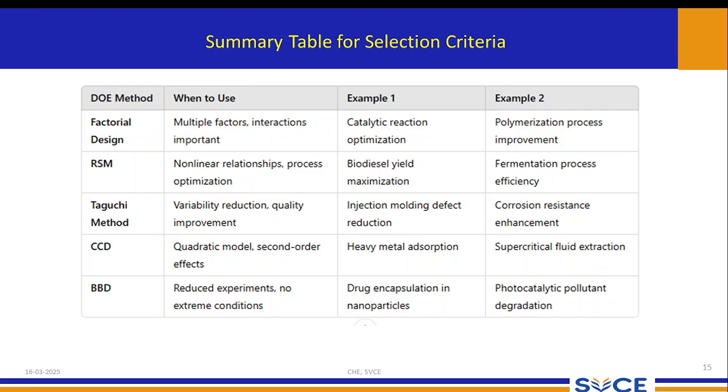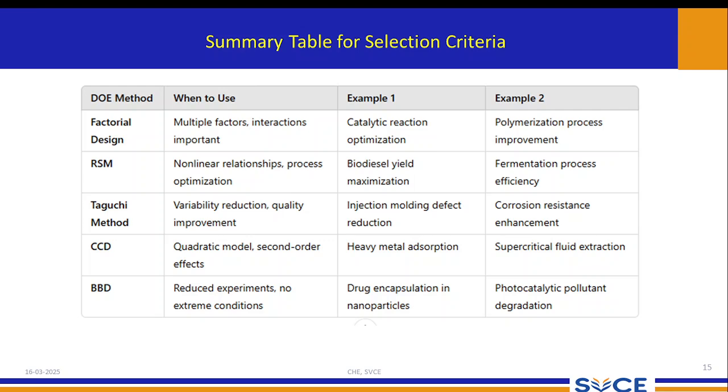For injection molding defect reduction and corrosion resistance enhancement, we can go for the Taguchi method. For central composite design, we can go for the supercritical fluid extraction case as well as heavy metal absorption. For Box-Behnken design, we can go for drug encapsulation in nanoparticles. The examples are very limited.